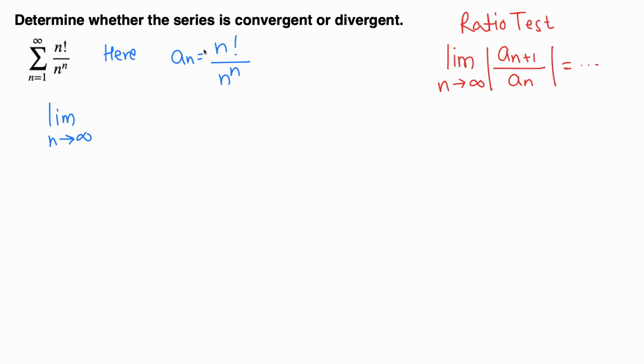For a_(n+1), the next term, we replace n throughout by n plus 1. So a_(n+1) will be (n+1) factorial over (n+1) raised to n+1.